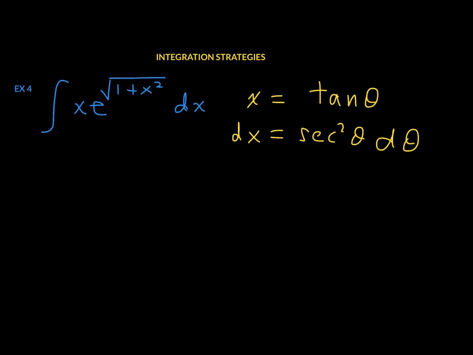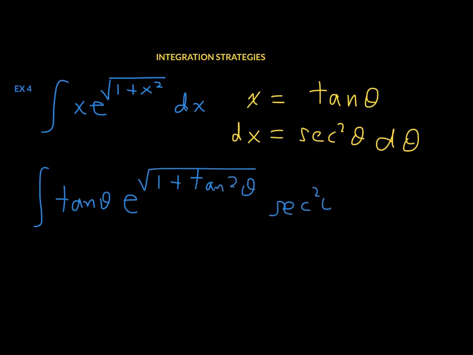Okay, so then what we have is this integral that is tan theta, because that's what x is, times e to the power of the square root of 1 plus x squared. But if x is tan theta, then that's 1 plus tan squared of theta. And then this is secant squared of theta d theta.